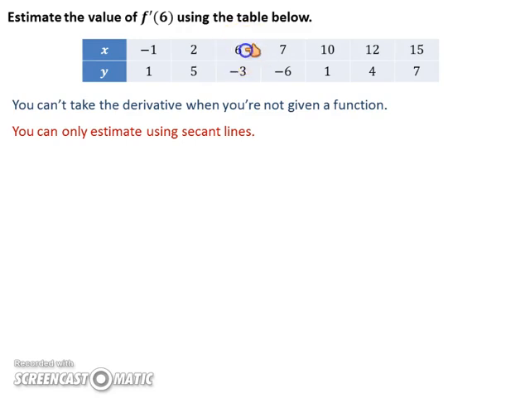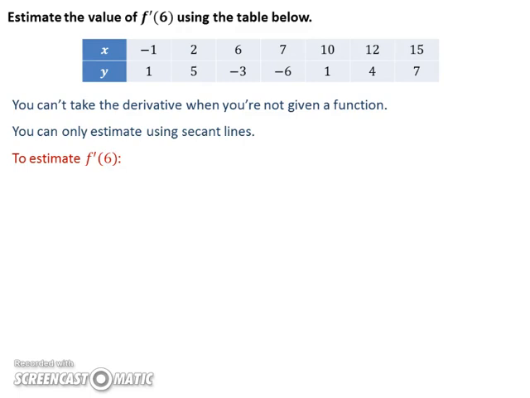Just because there's a point at 6, -3 doesn't mean anything. If you plot all these points, the two closest points are 2 and 7 on the x-axis. And 7 is fairly close, but this one's not really close. So here's the strategy. If you're not given a function to take a derivative of, you can estimate using secant lines.